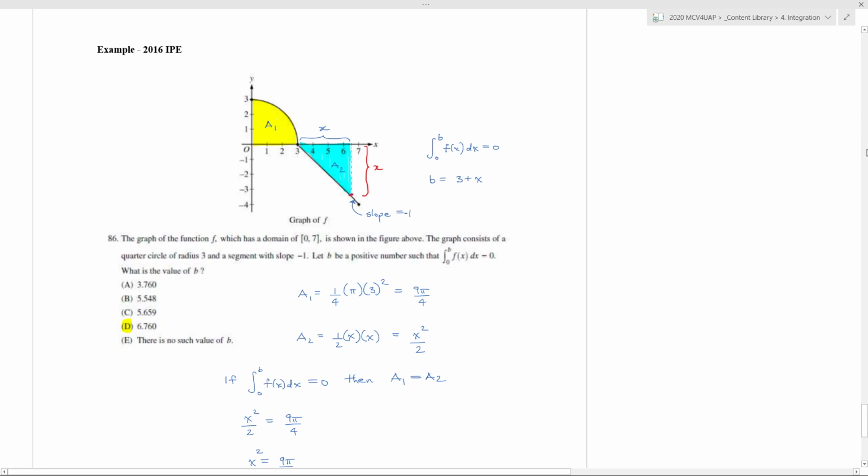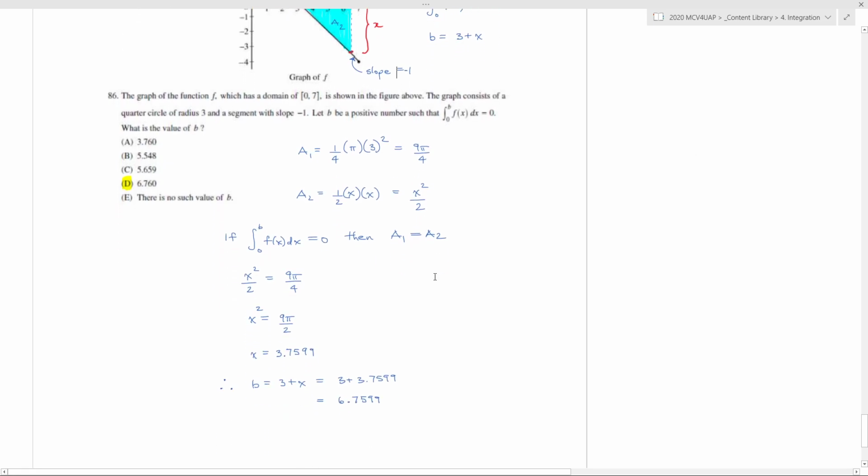So if the value of our integral is 0, then a1, the shaded yellow quarter circle, has to be equal to a2, which is the blue shaded triangle. So x squared over 2 has to be equal to 9 pi over 4.